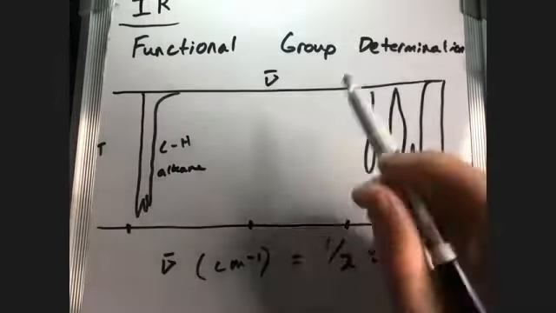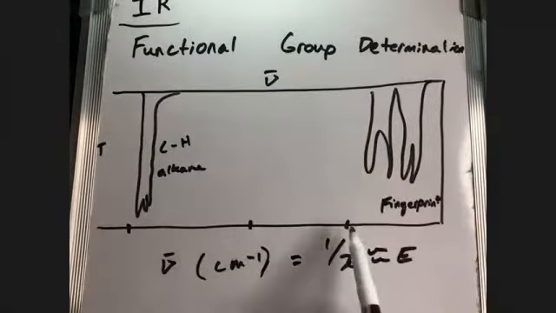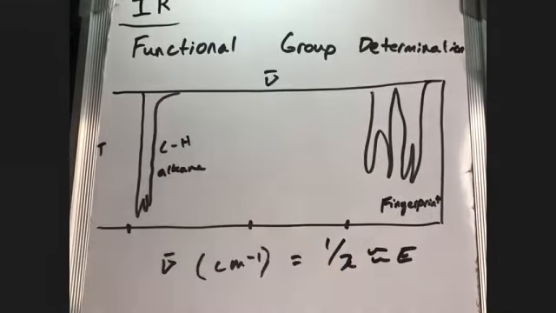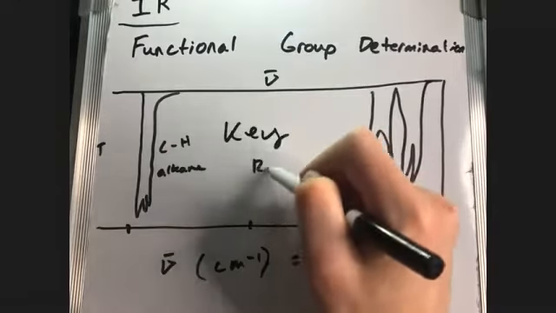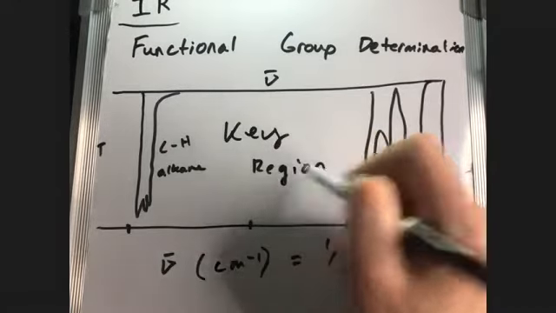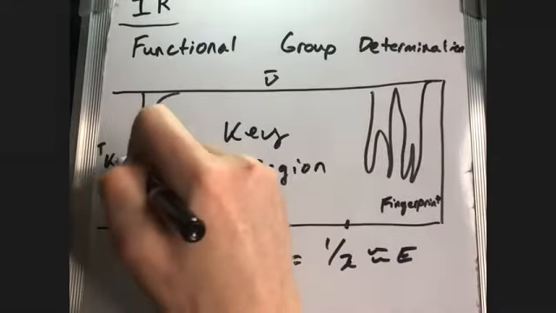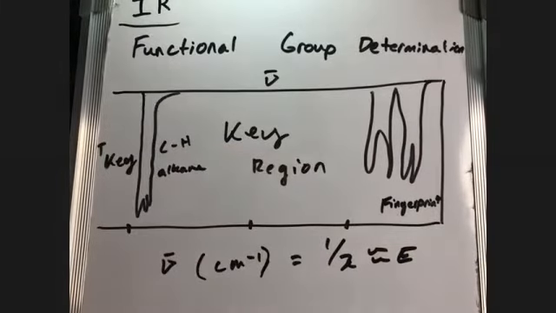The key information that you're going to get is between this 1,000 to, let's say, 2,800, and then above 3,000, there's a couple of key characteristic peaks that show up in those regions that can tell you a lot of information about your functional group.